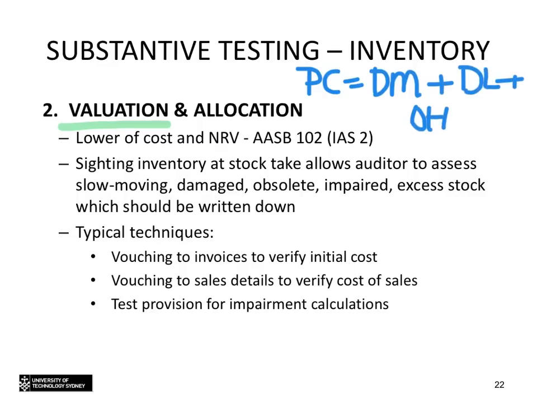Now, the direct materials and the direct labour part, that's reasonable to calculate. But the part that becomes more tricky is this bit here in terms of overhead. Who remembers the different sorts of methods for calculating or allocating overhead?